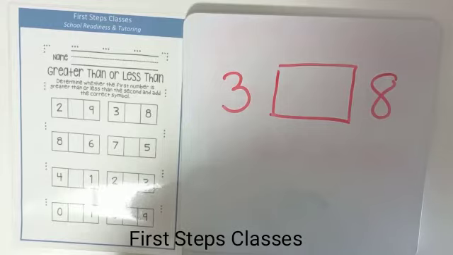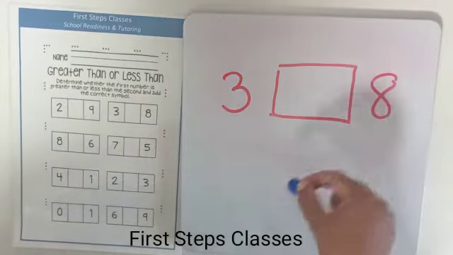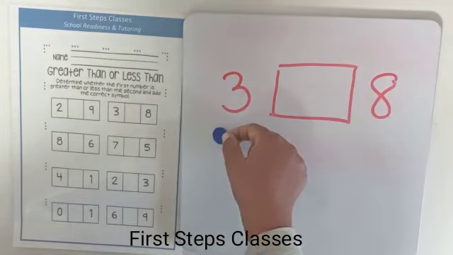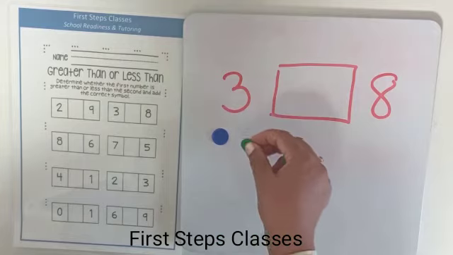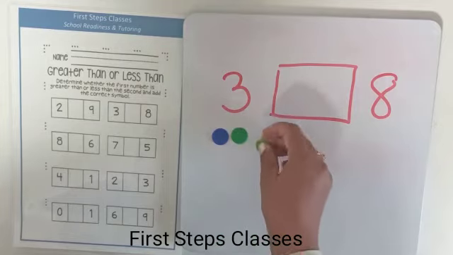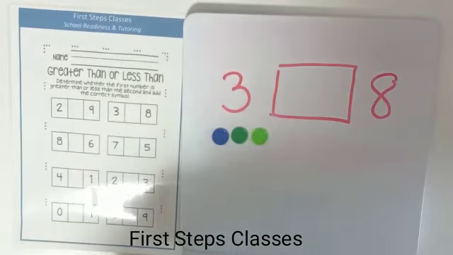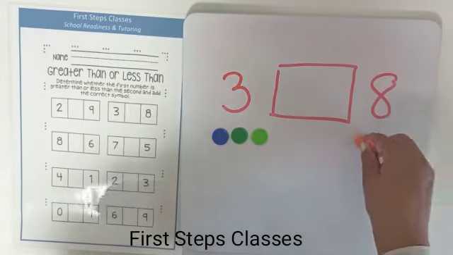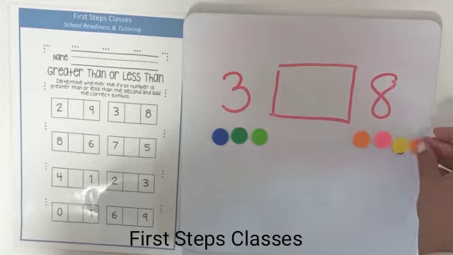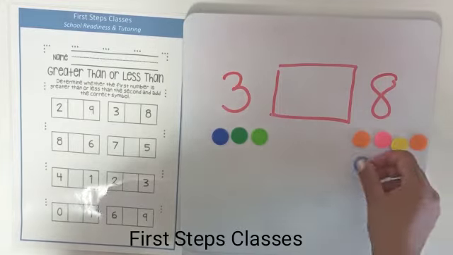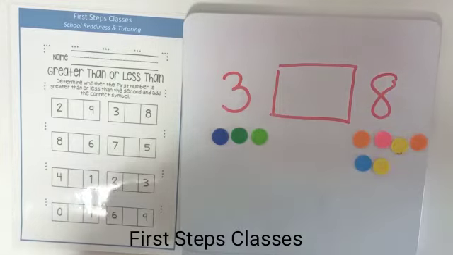So this time I'm going to show you how to find out a number which is less than a bigger number. So here we have number 3, so we are taking 3 counters. Let's count together. 1, 2, 3, and this side we are going to put 8 counters. 1, 2, 3, 4, 5, 6, 7, 8.